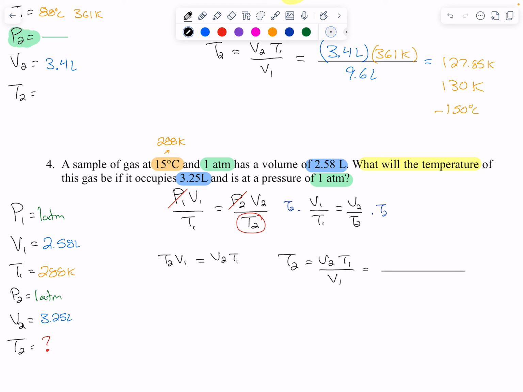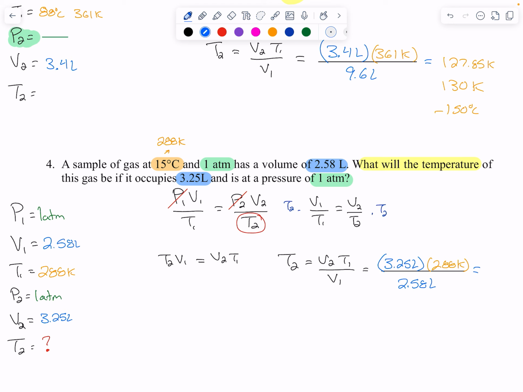All right, so now we have V2, 3.25 liters. Temperature, 288. The original volume, 2.58 liters. And so we'll take our 3.25 times our 288 divided by our 2.58.